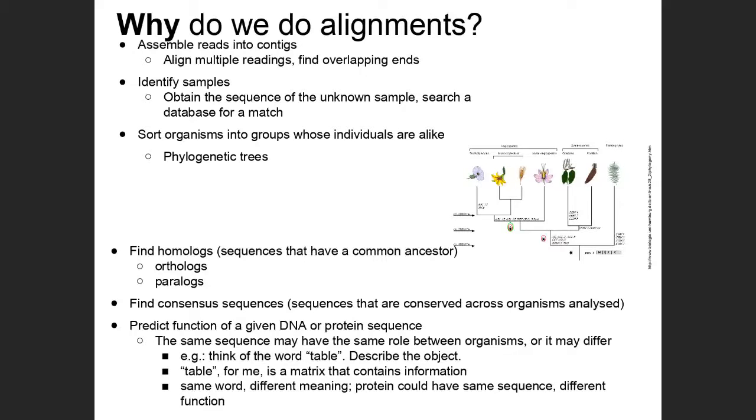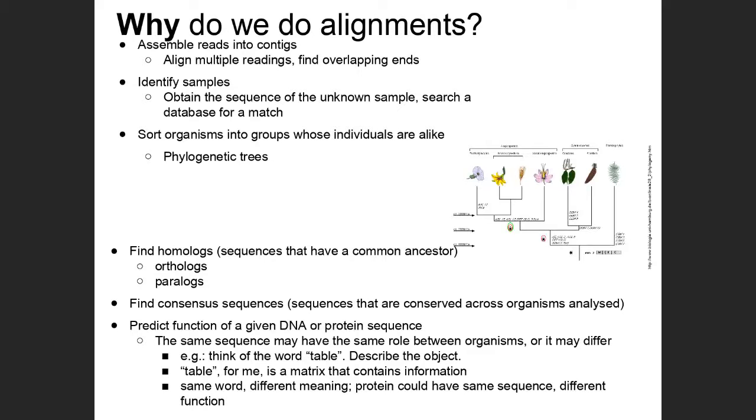In this case, you are doing a multiple sequence alignment. For identifying samples, you are doing one sample against one sample in the database. Is it a match? Yes, no. Then your sample against another sample in the database. Is it a match? Yes, no. So this one would be a pairwise alignment.